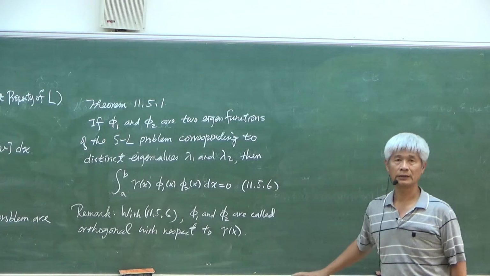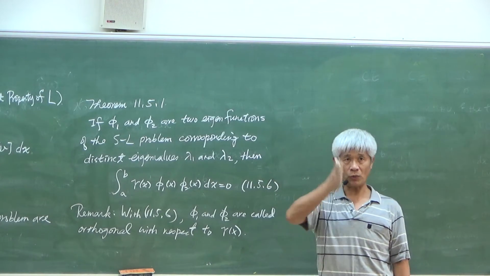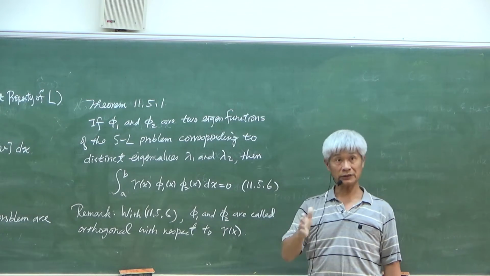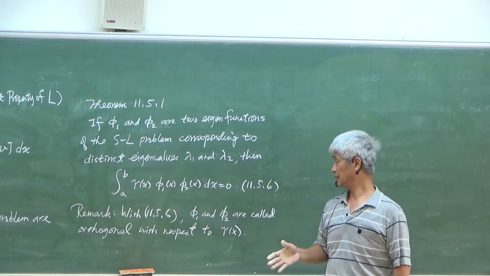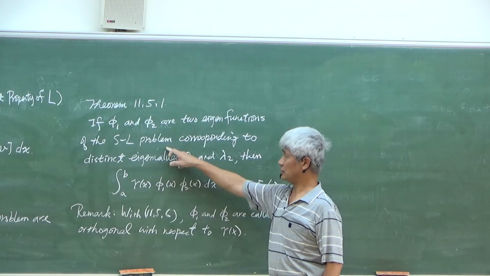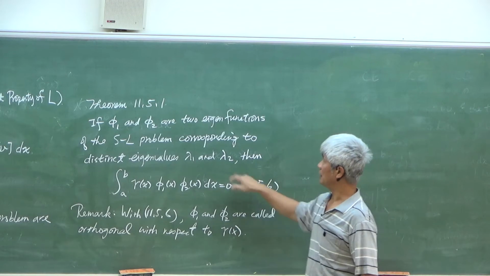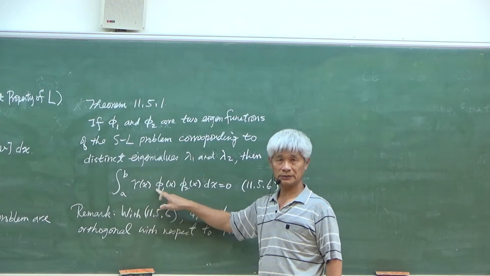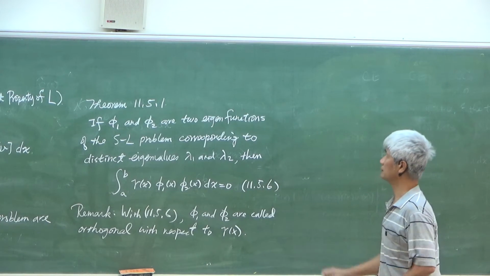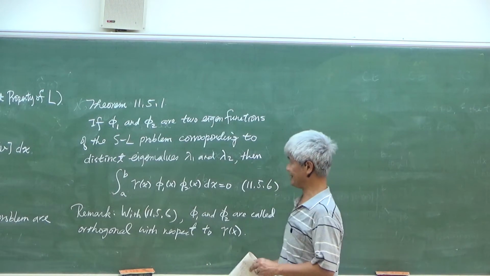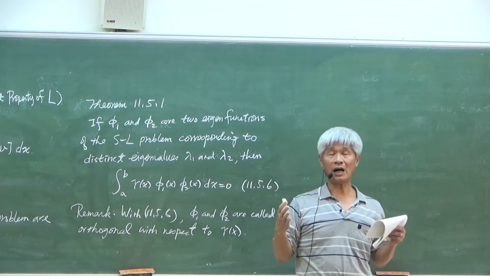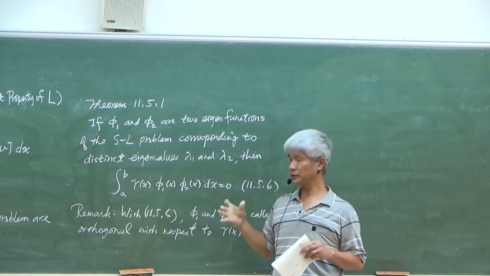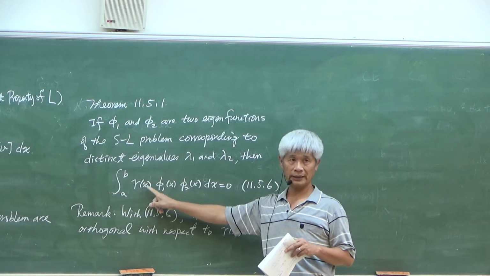So if R(x) is the constant function 1, then phi1 and phi2 are orthogonal in the ordinary sense. But for differential problems we have to put the R of X here. All right, so we extend the orthogonality concept, so here we can include a function of X.